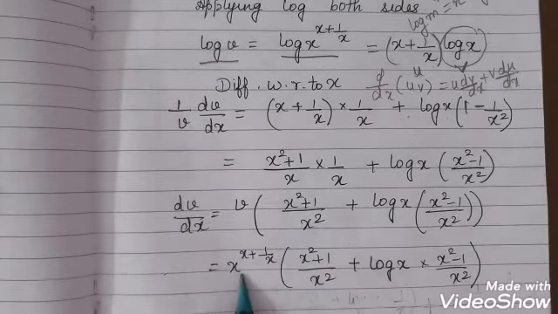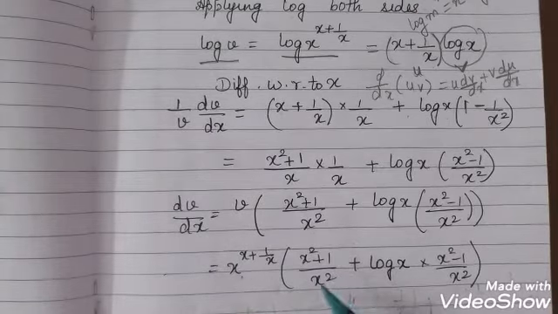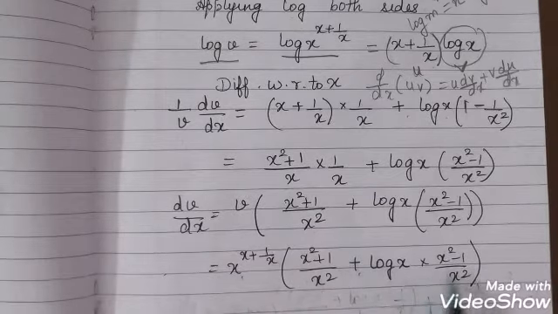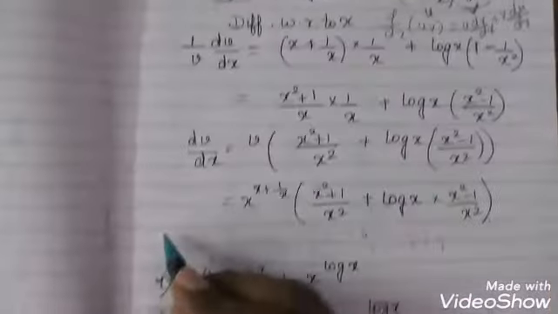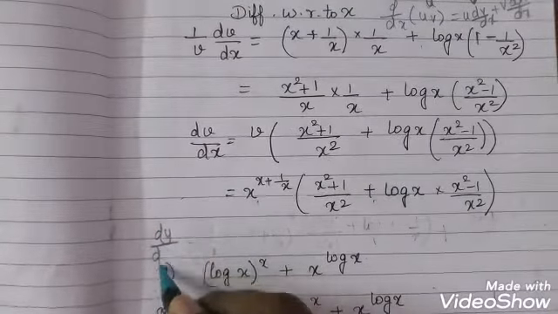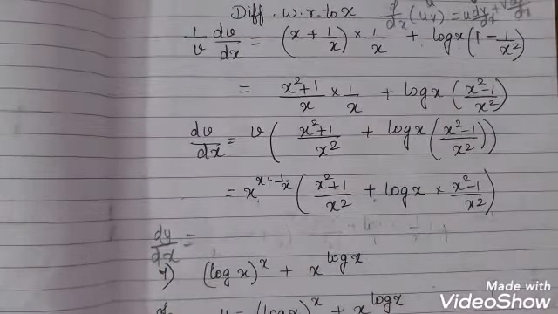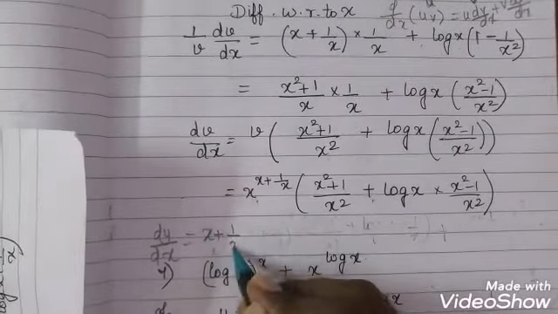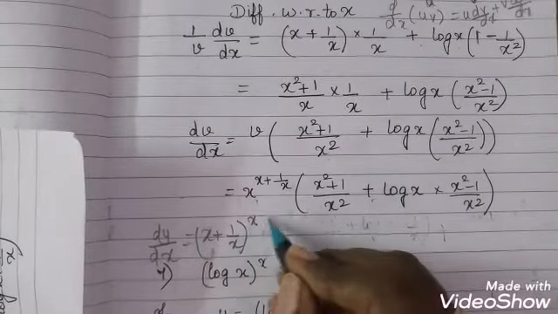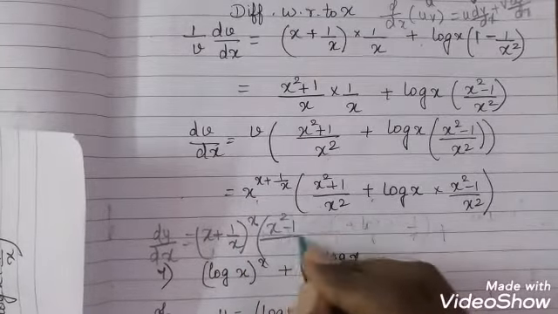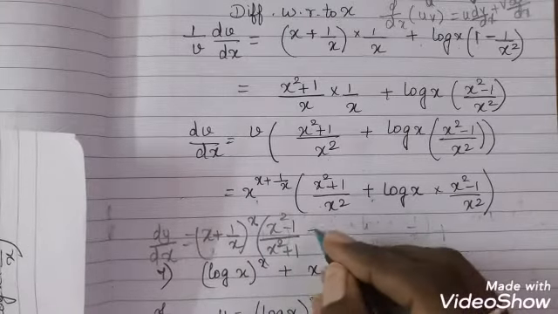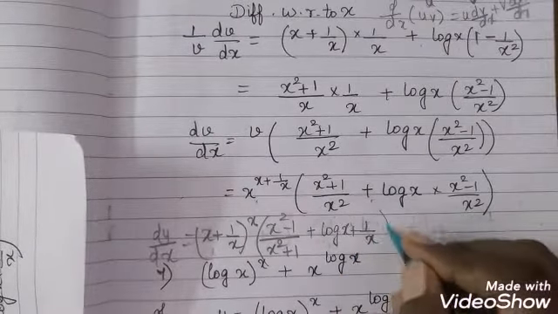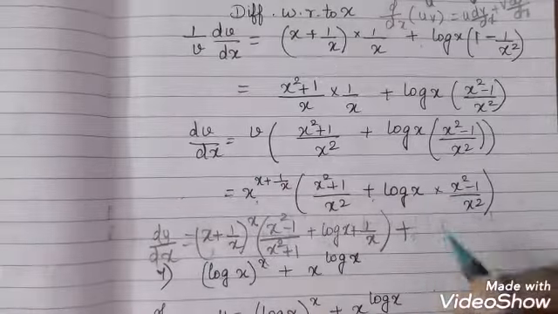So what is your v here? It's nothing but x^(x + 1/x) into (x squared + 1)/x squared plus log x into (x squared minus 1)/x squared. So now you can write what is your dy/dx. Actually your dy/dx is nothing but equal to (x + 1/x)^x into [(x squared minus 1)/(x squared + 1) plus log of (x + 1/x)] plus, what is your dv/dx?